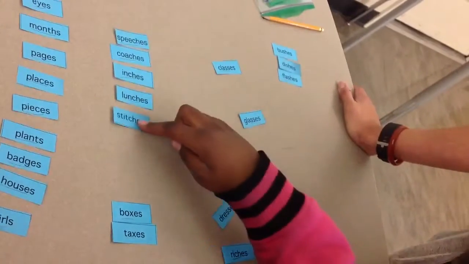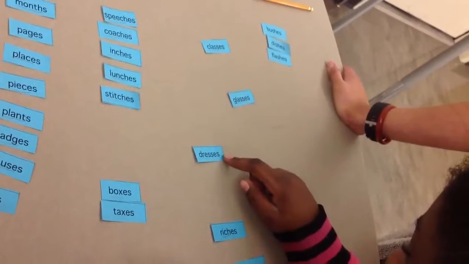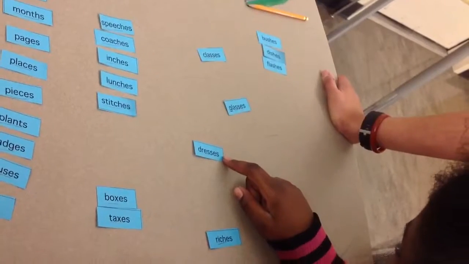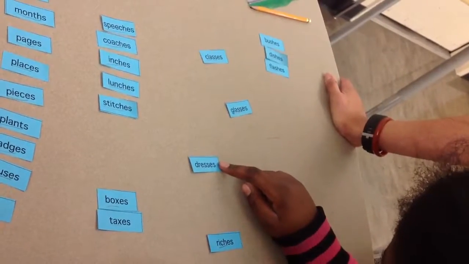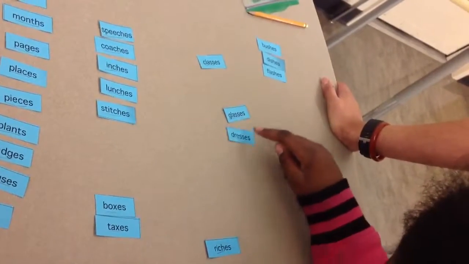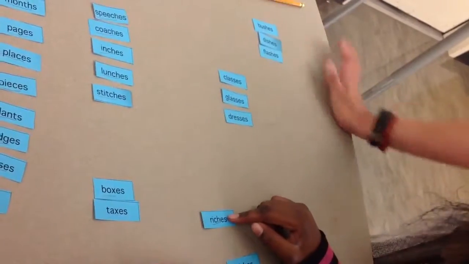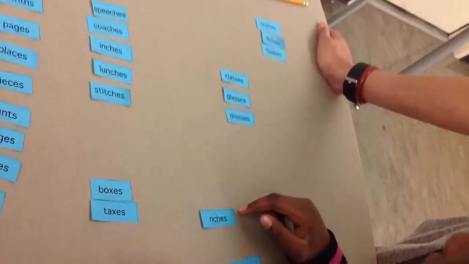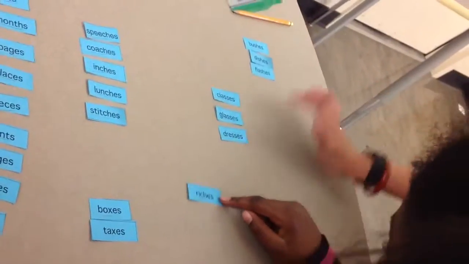Those all have CH at the end of the base word. Good. What's the common ending here? SS. Good. The base word for all three of these words ends with SS.